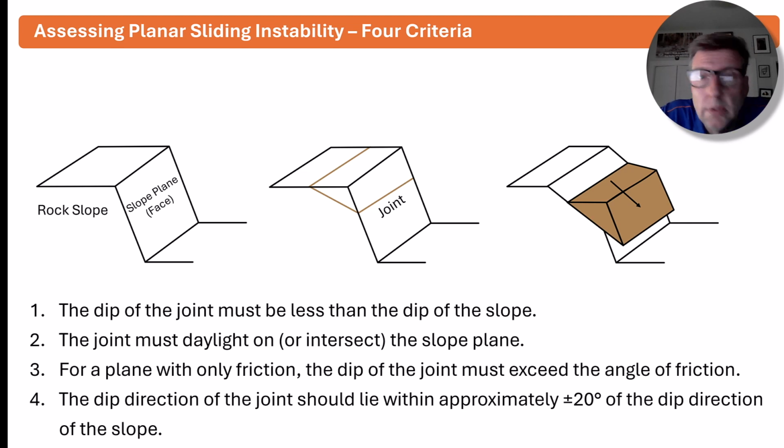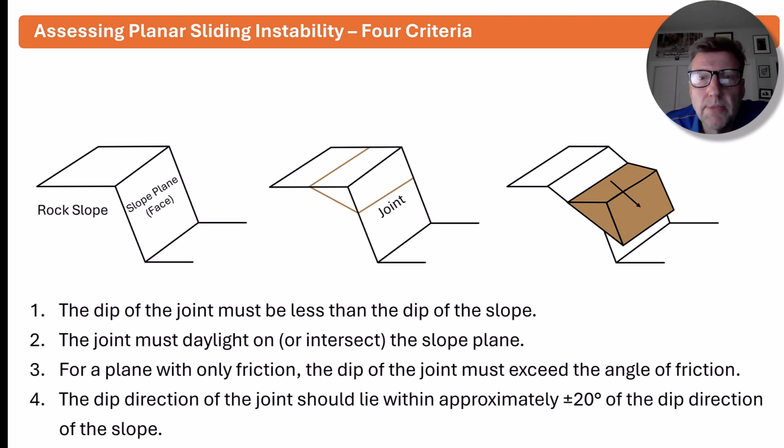Criterion 2, the joint must daylight or intersect the slope plane or the slope face. So, let's take a look at the drawings at the top of the slide.